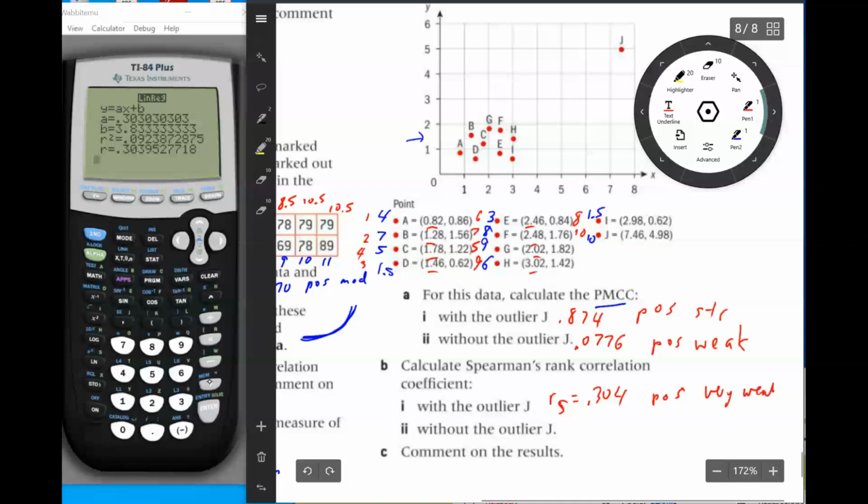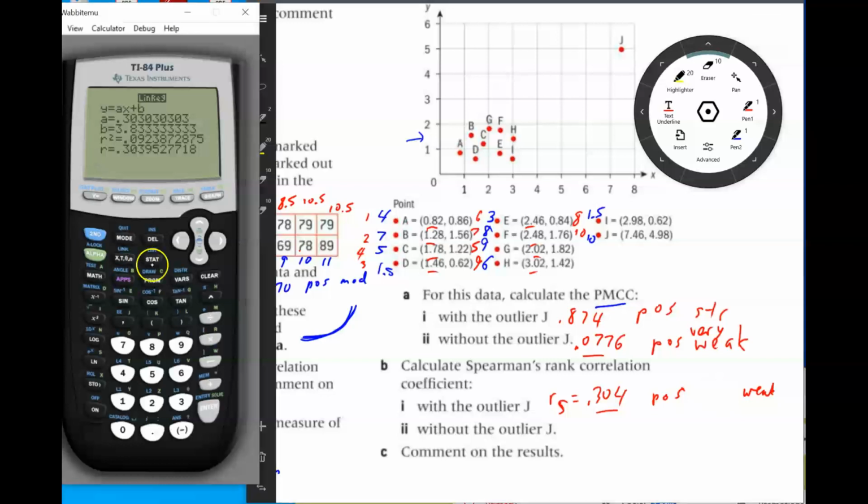Very weak. I'm sorry. 0.0776 is also very weak, right? Because it's between 0 and 0.25. Oh, I'm sorry. There's a double screw up there. 0.304 is weak, not very weak, because it's between 0.25 and 0.5, right?